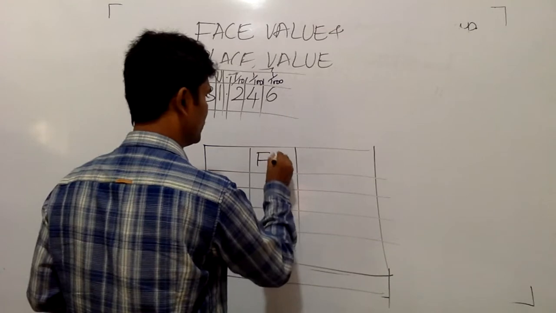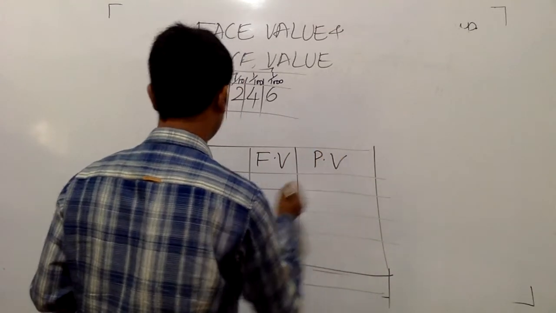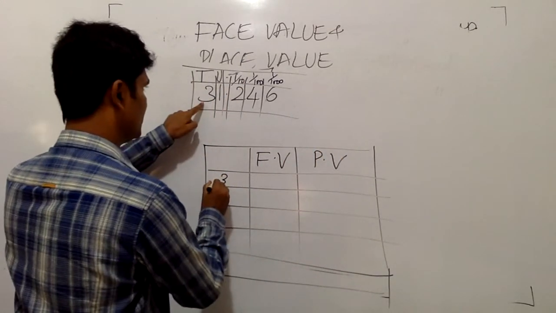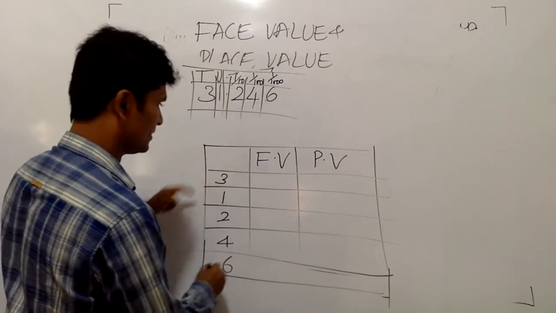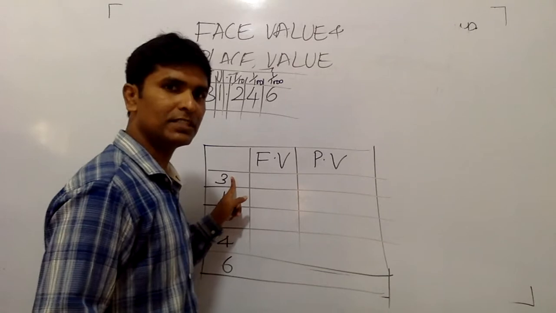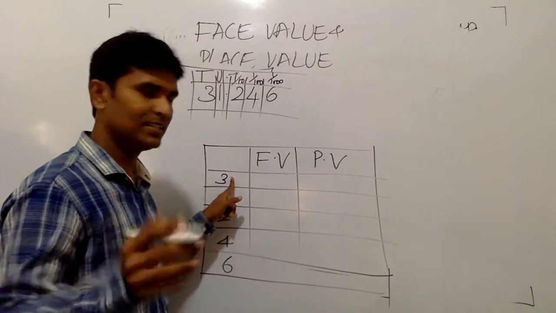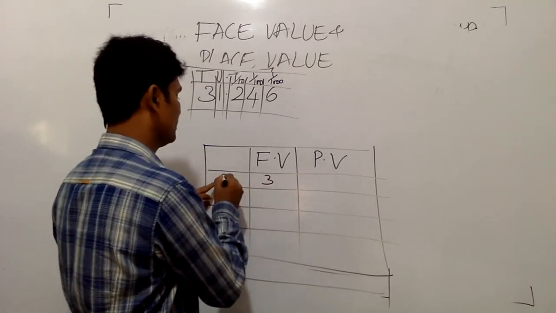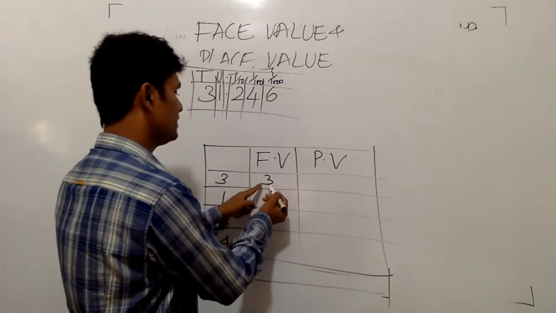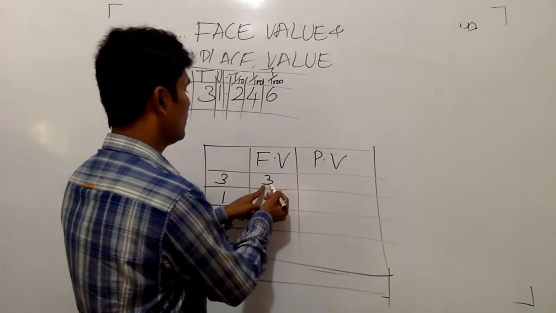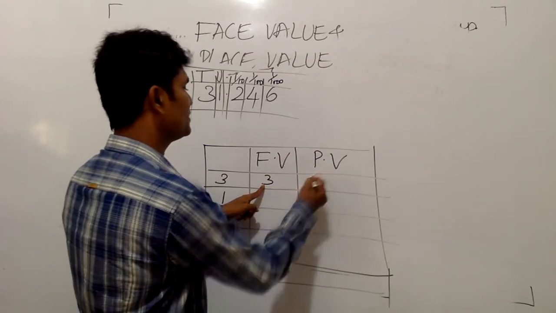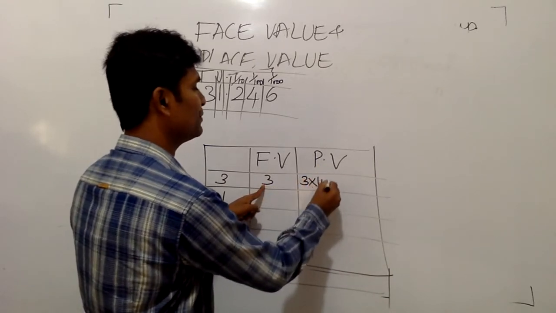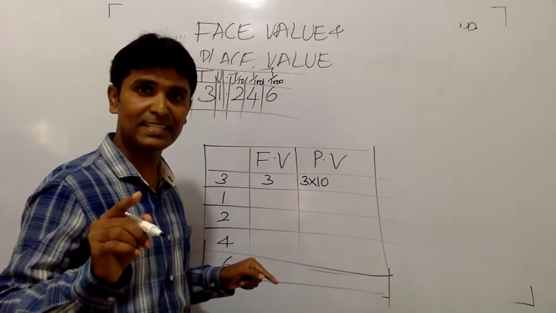This is face value and this is place value. Now I will take 3 here, then 1, 2, 4 and 6. What is the face value of 3? The face value of 3 is 3 only, because it is the value of the digit. The place value of 3 is 3 into 10, because it is in the tens place.